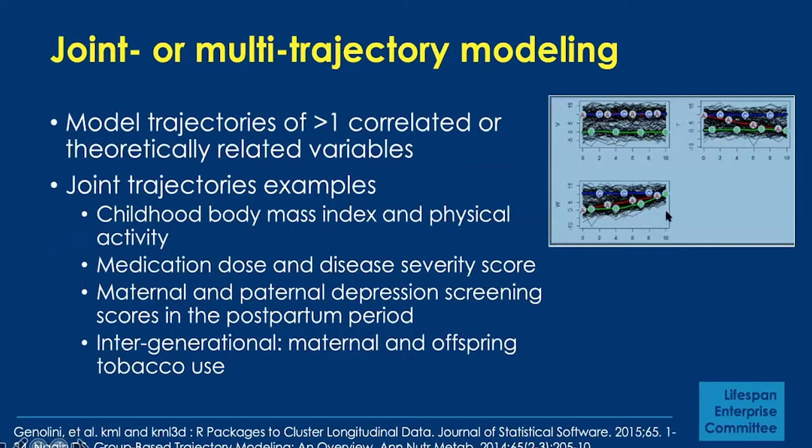So some examples of joint trajectories are childhood body mass index and physical activity. Medication dose and disease severity trajectories can be jointly modeled. Maternal and paternal depression screening scores could be modeled throughout the postpartum period. And you could even imagine an intergenerational joint trajectory of a maternal and offspring exposure, for example, like tobacco use.